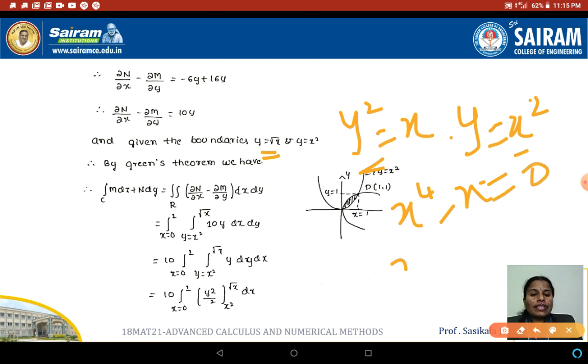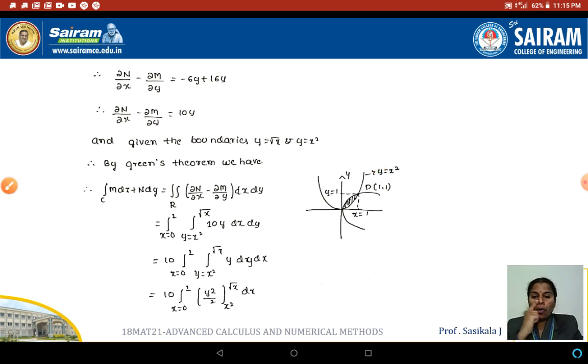So you can write x equals 0. For the other one, I get x times (x cubed minus 1), so x equals 1. So x varies from 0 to 1. You can see here also the intersecting point is 1. So x varies from 0 to 1.